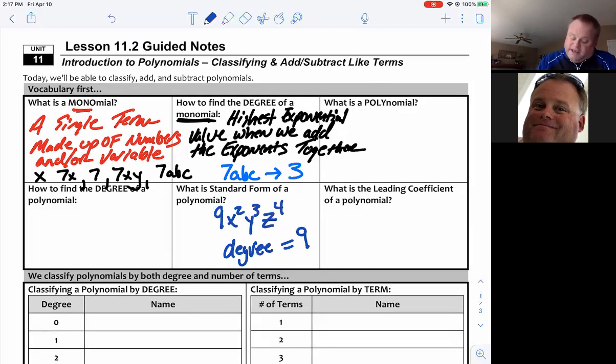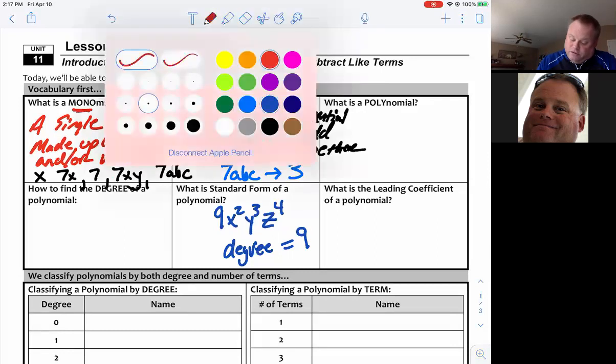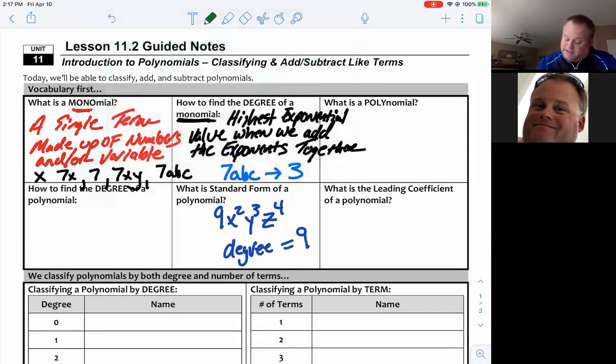So that's what a monomial is. What is a polynomial? That's the next one.